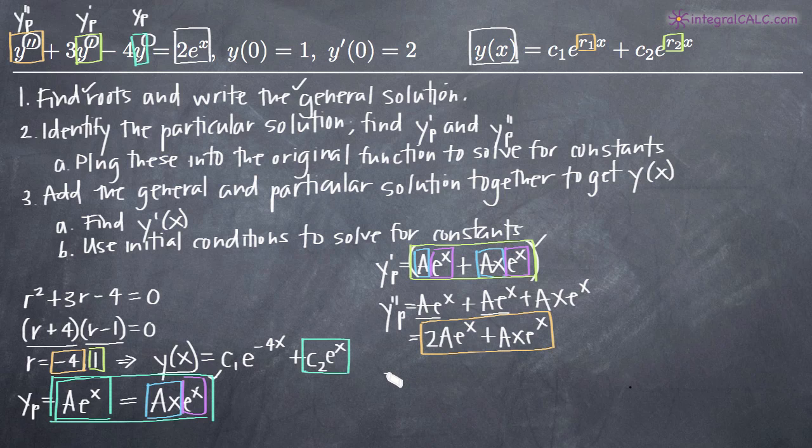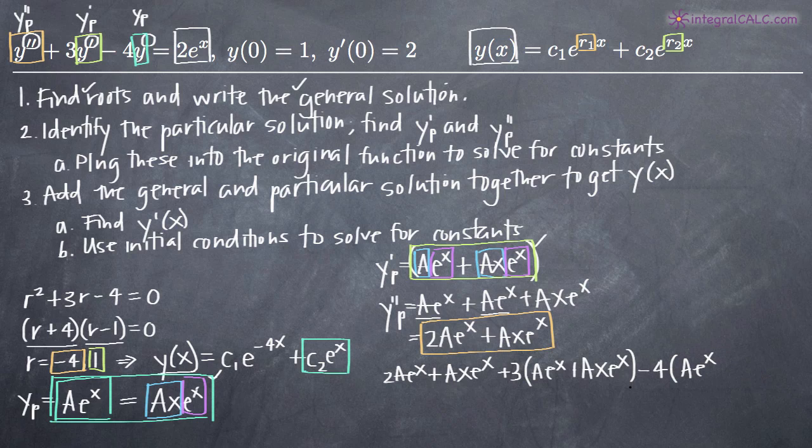So we'll get 2a, pulling from the second derivative just above, 2a e to the x plus ax e to the x, plus 3 times the first derivative, a e to the x plus ax e to the x, minus 4 times the original function, so ax e to the x.